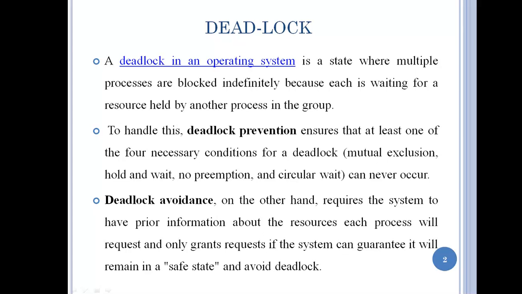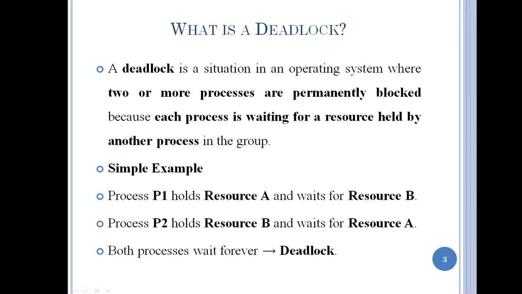And deadlock avoidance, on the other hand, requires the system to have prior information about the resources each process will request, and only grants a request if the system can guarantee it will remain in the safe state and avoid the deadlock.